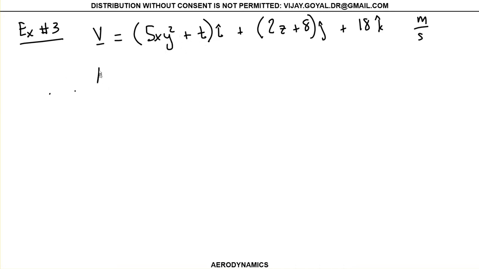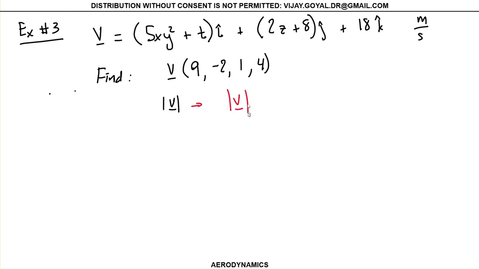So the problem is saying, can you find V evaluated at 9, -2, 1, and 4, and also find the magnitude of V. When we ask for the magnitude, it is the square root of Vx squared plus Vy squared plus Vz squared.